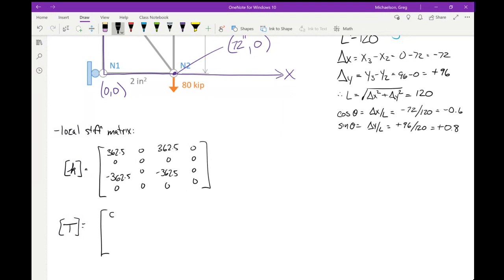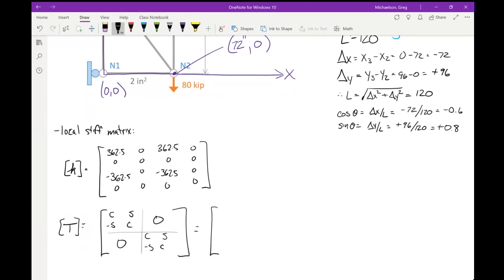I just use little letters because I'm lazy. C S minus S C, and then just that repeated, C S minus S C. Those are the sines and cosines, and those are zeros.